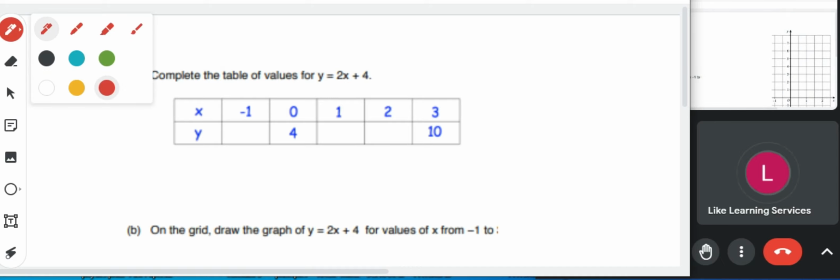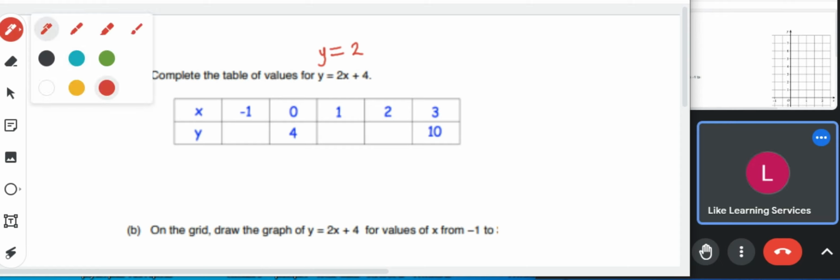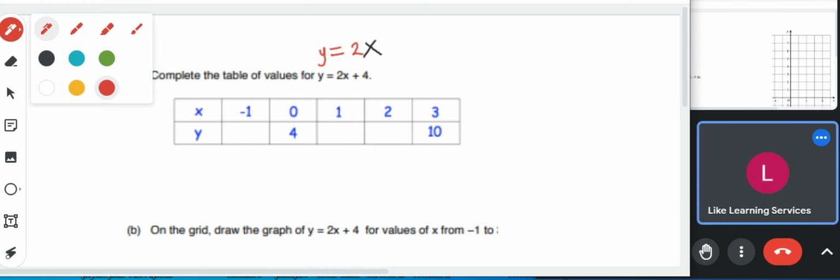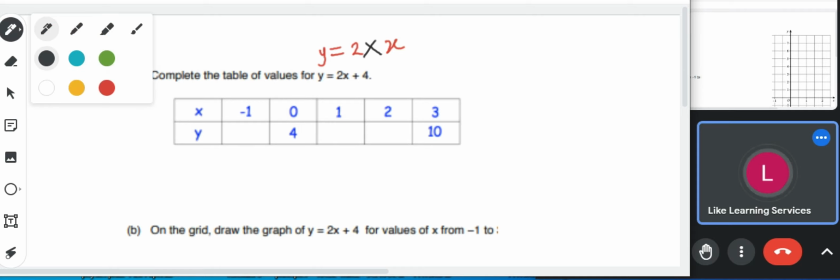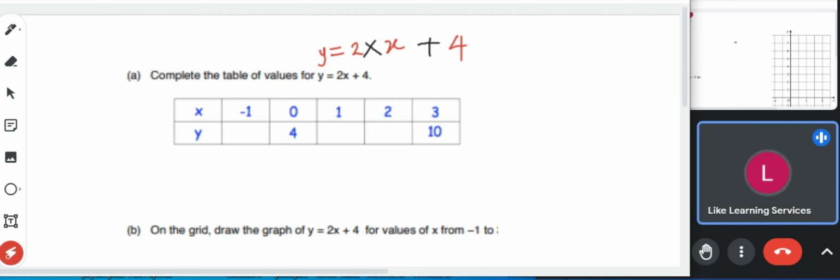By the way, this simply means y equal to 2, let me write it properly, 2 times x before you do plus 4. So whatever x is, you substitute there.